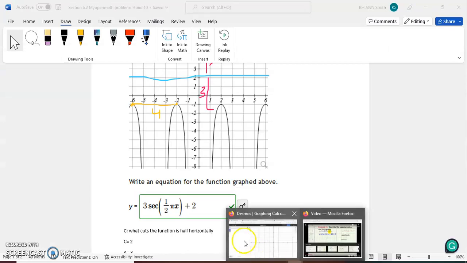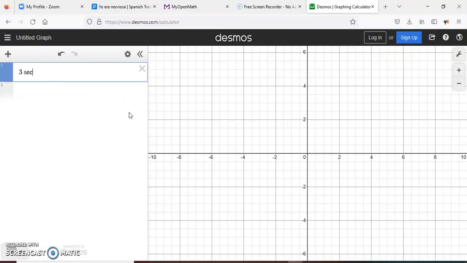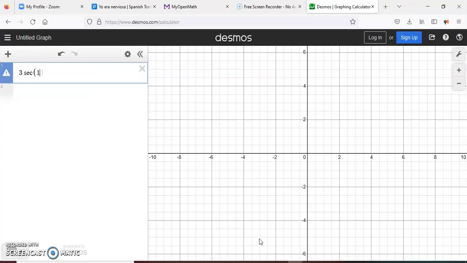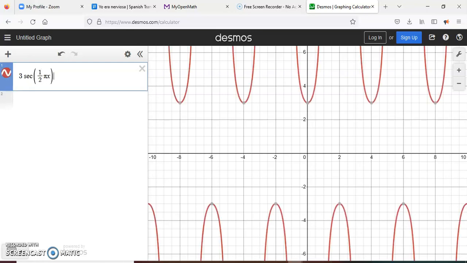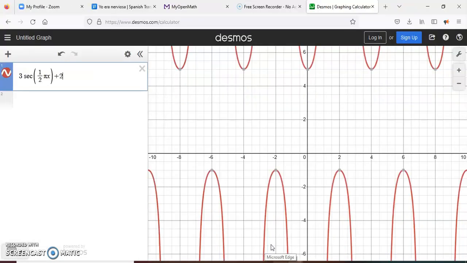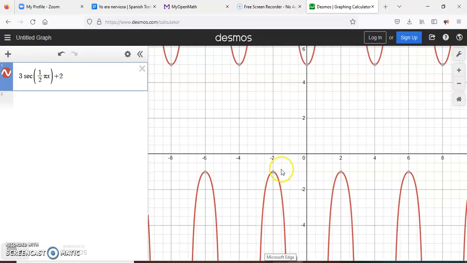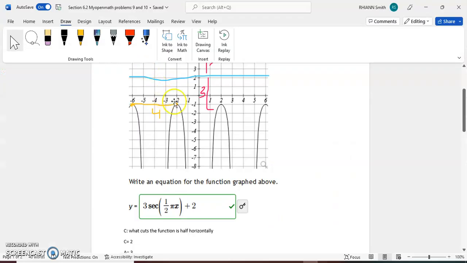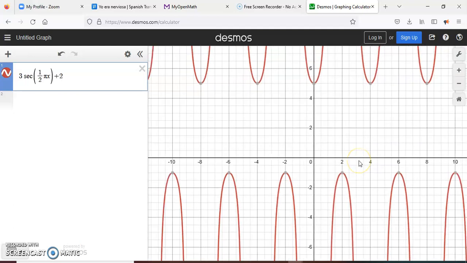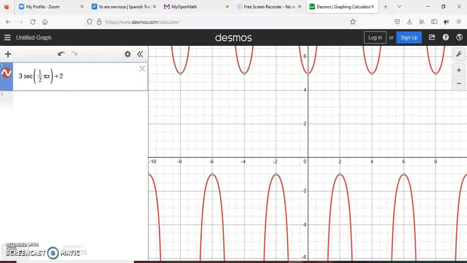And then we can just simply type the equation in. And we can compare points like -2, -1, etc. and see that we have the equation that we need.